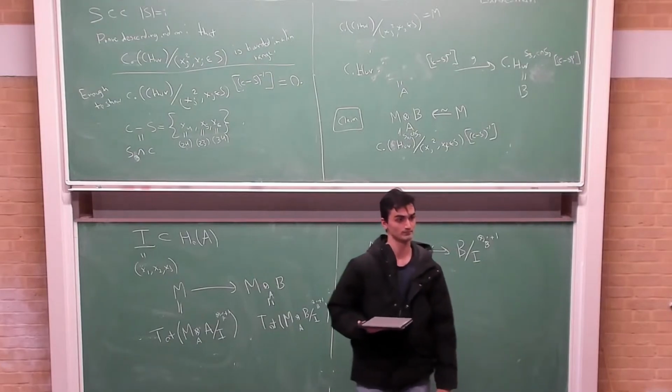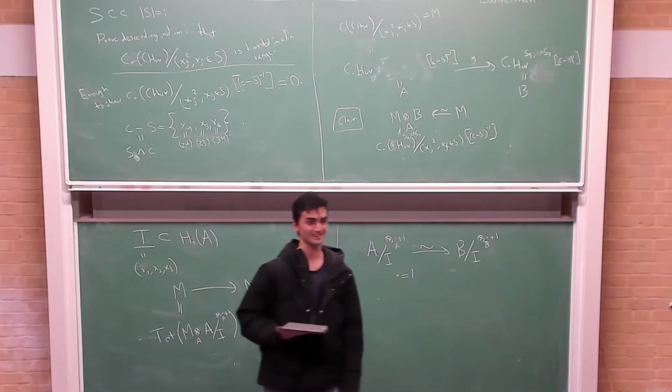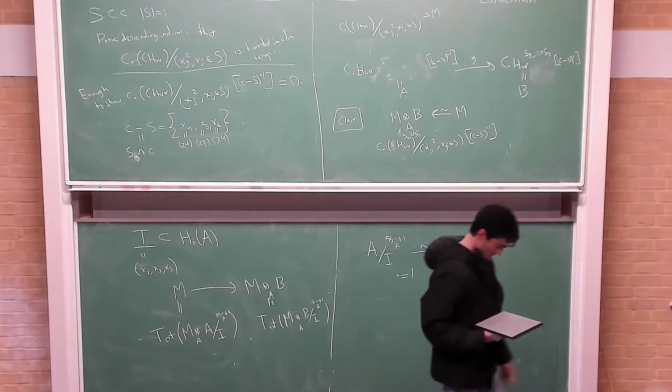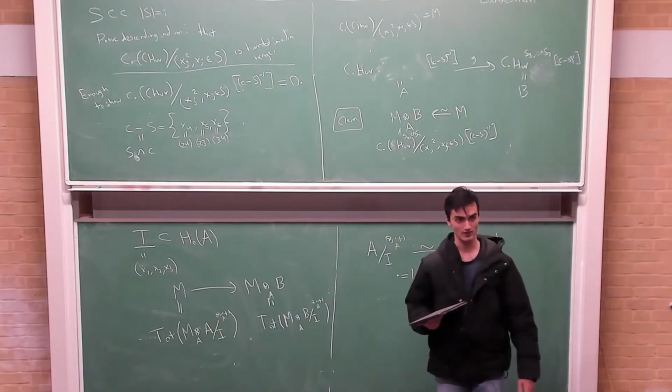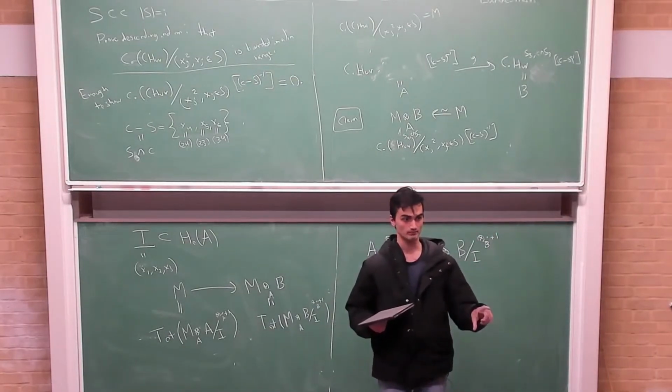Yeah, it feels like there's stuff going on in the background about the free loop space on BG and PHH. Oh, definitely. One way to say it is the following. If you look at the free loop space of BG, in spaces, that's an E2 coalgebra.